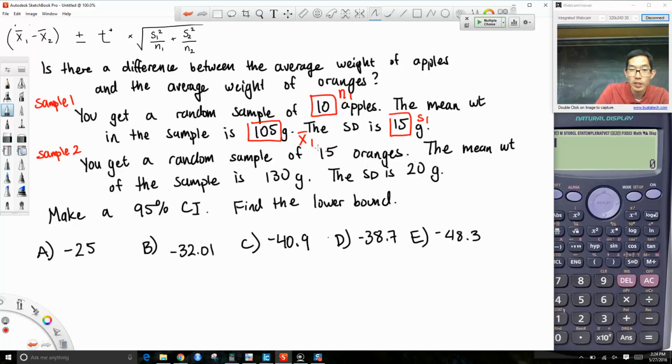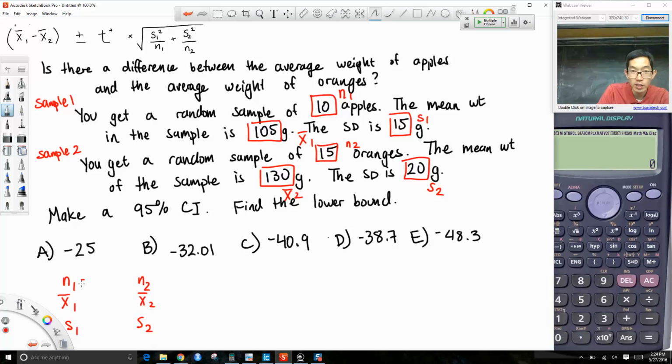Over here I've got 15 oranges, that will be N2, 130 will be X bar 2, and 20 will be S2. So I've got N1, X bar 1, and S1, and N2, X bar 2, and S2.